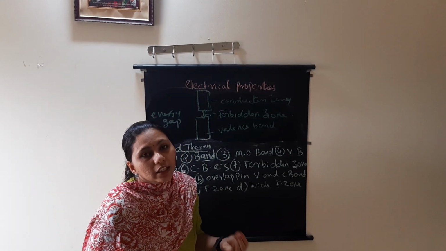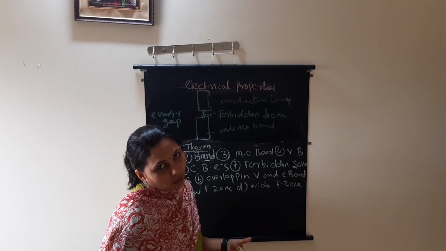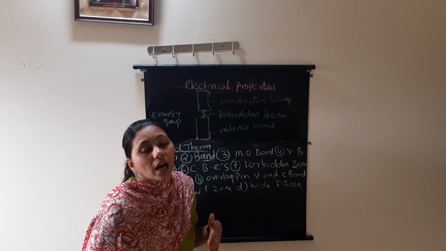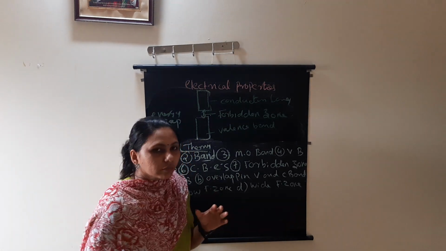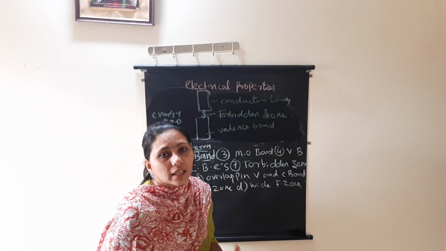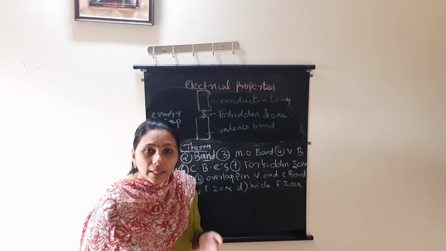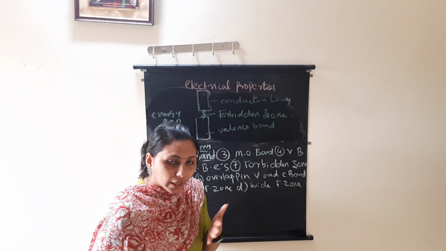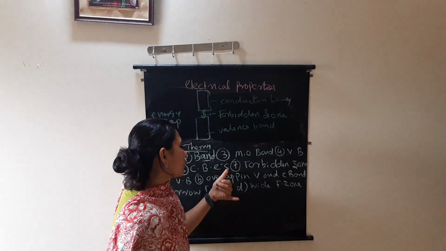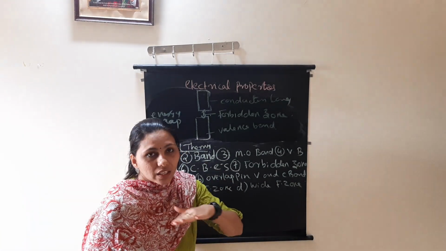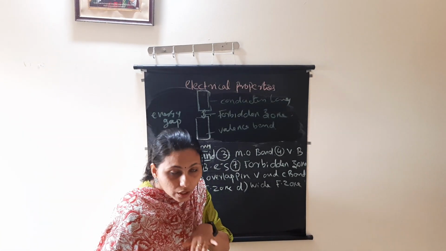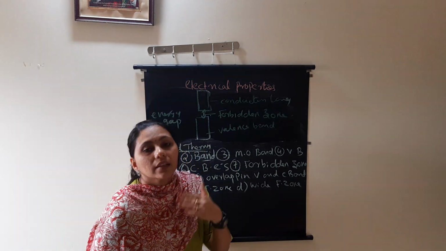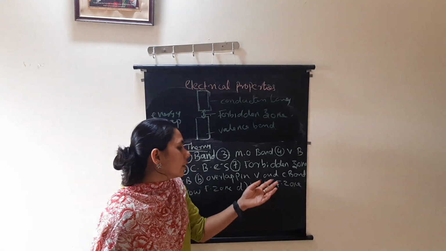The highly occupied energy band is the valence band, and the lowest unoccupied band is the conduction band. The electrons present in the conduction band are responsible for electrical conductivity in solids. Then the energy gap between the conduction band and the valence band is known as the forbidden zone.